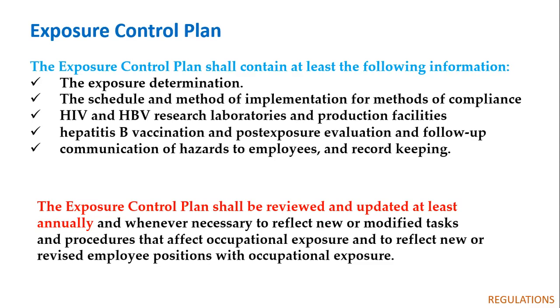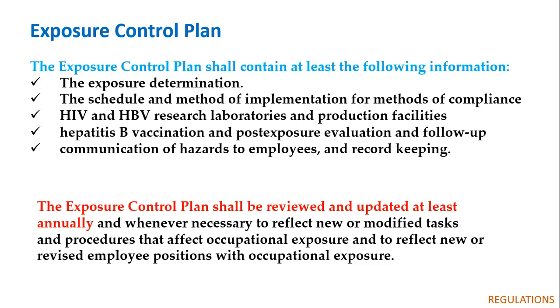The exposure control plan shall be reviewed and updated at least annually and whenever necessary to reflect new or modified tasks and procedures that affect occupational exposure, and to reflect new or revised employee positions with occupational exposure.